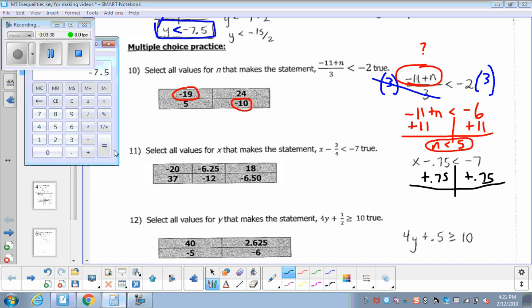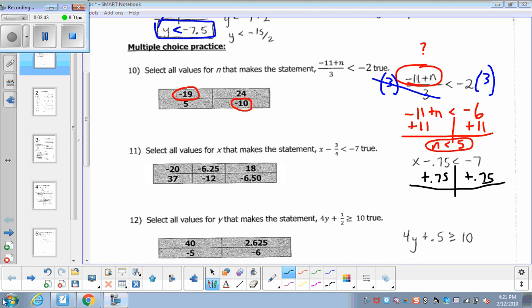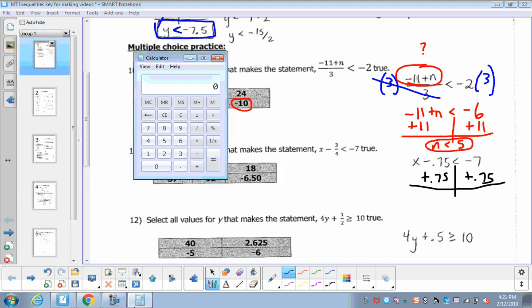Take your calculator. Let me move this over real quick. Sorry about that. All right, now I got my calculator out. So we're going to take the 7, it's negative, and now all you have to do is add the 0.75. Boom. So we get a -6.25.